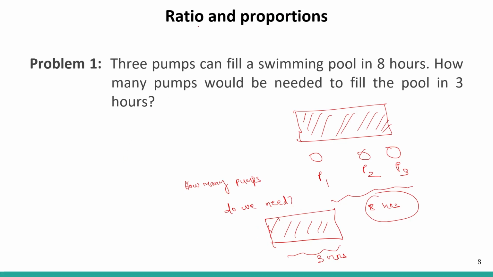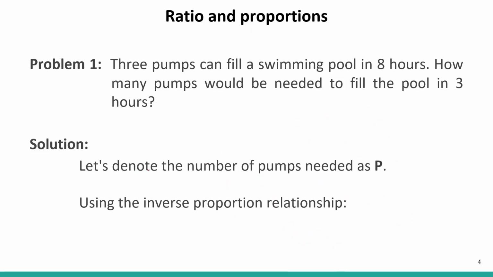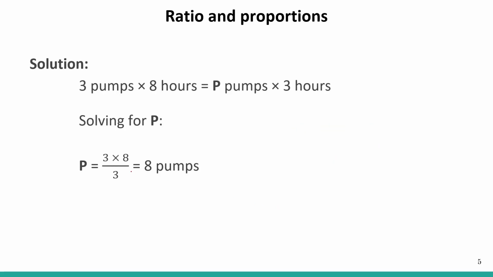We'll be using the concepts of ratio and proportions to solve this question. Let the number of pumps needed be P. Using the inverse proportion relationship, 3 pumps into 8 hours is equal to P pumps into 3 hours.